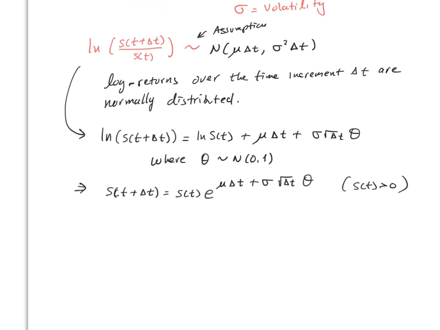Therefore, this implies that S(t + Δt) is called log-normally distributed. Sometimes it's called a geometric Brownian motion, and we'll get into a lot of details on that later.